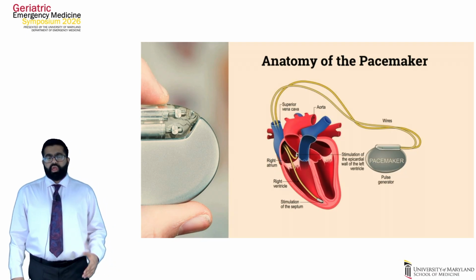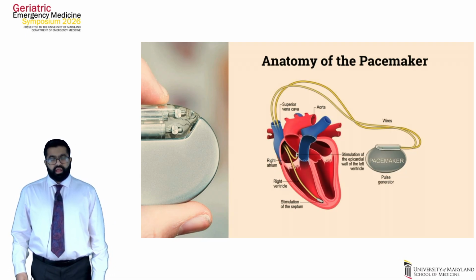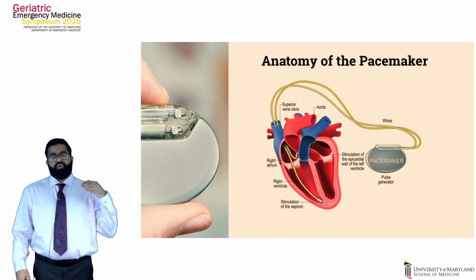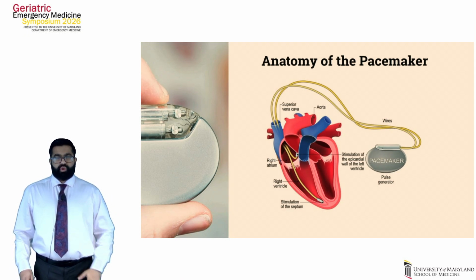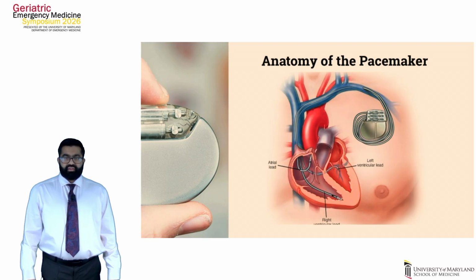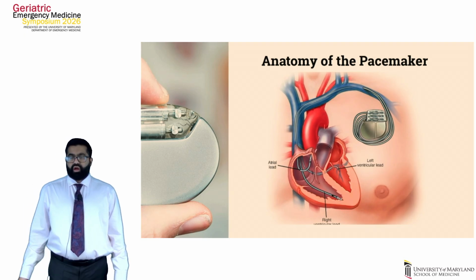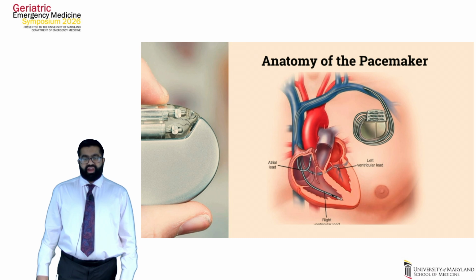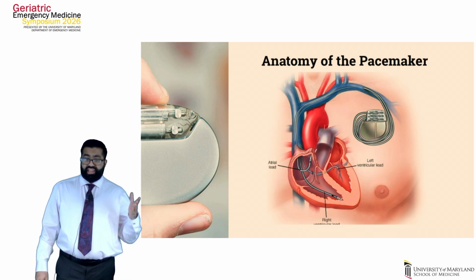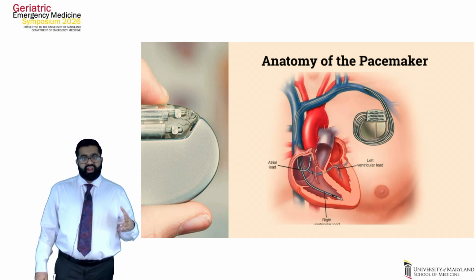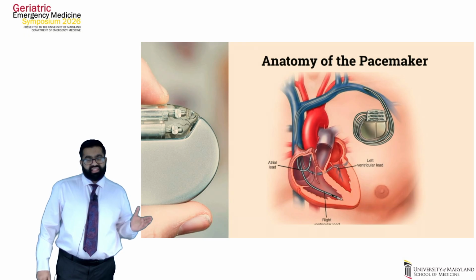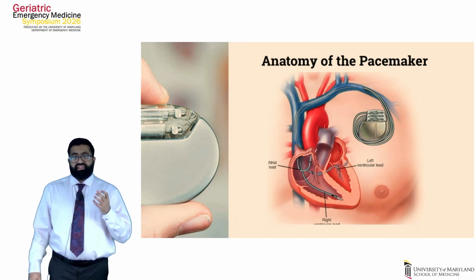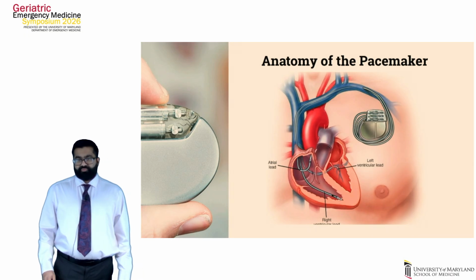Here's an example of a dual chamber pacemaker. Not only does the wire go into the right ventricle, but it also goes into the right atrium as well. Here's an example of a biventricular pacemaker, where you have the atrial and ventricular leads on the right, but also a lead that buries into the coronary sinus and allows the left ventricle to pace as well.